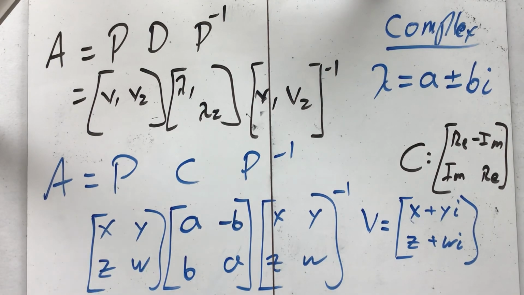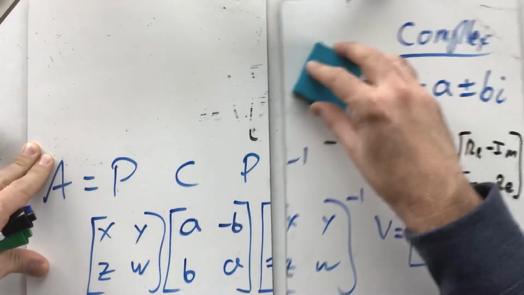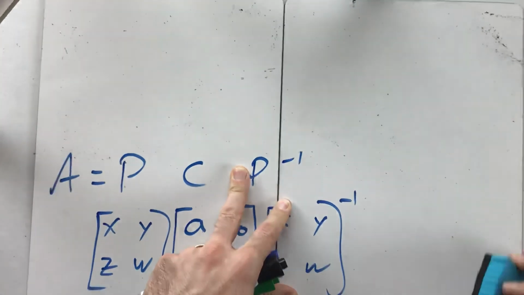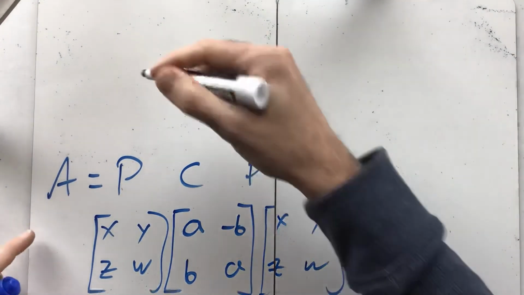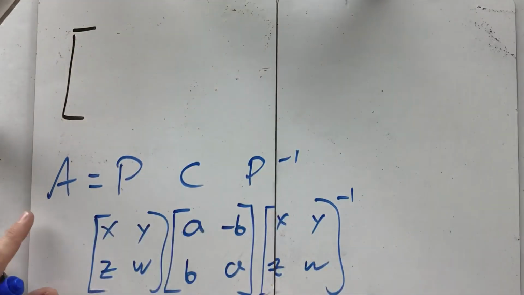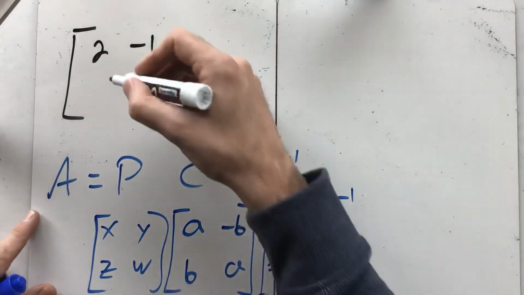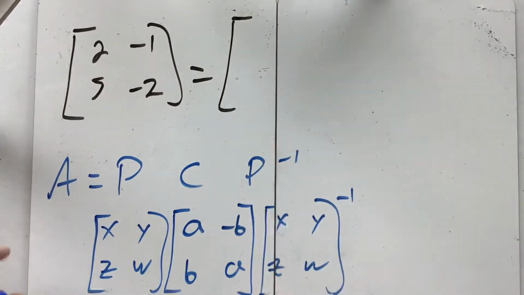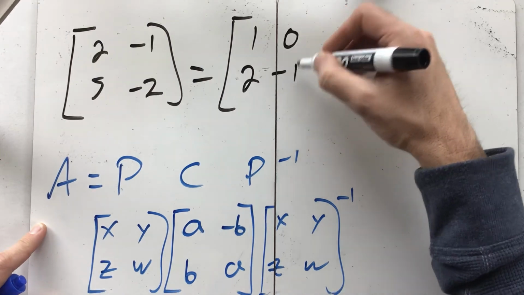Okay, so if I look at that problem that I did just a moment ago, what does that mean? For the problem I just had, my matrix, which was 2, -1, 5, and -2, is... our eigenvector was 1, 2 plus i, so it's going to be 1 and 2, 0, and -1.